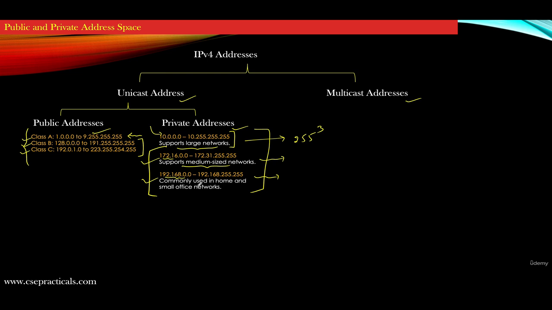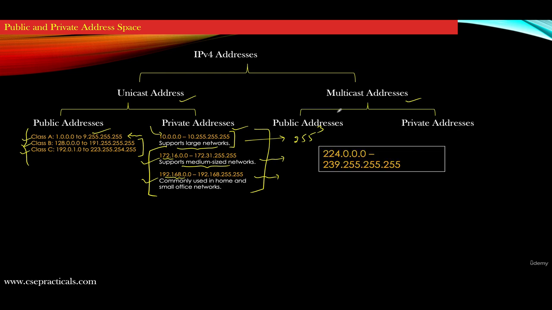Multicast addresses, on the other side, are again classified into public addresses and private addresses. Since in this course we are not going to deal with multicast addresses, I will not discuss them much here. You can see that the range of multicast addresses is reserved from 224.0.0.0 up to 239.255.255.255.